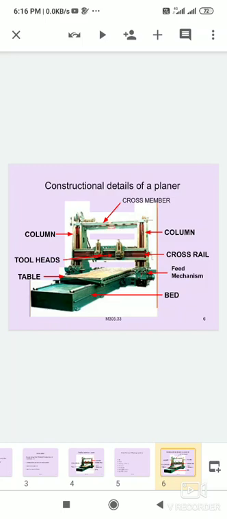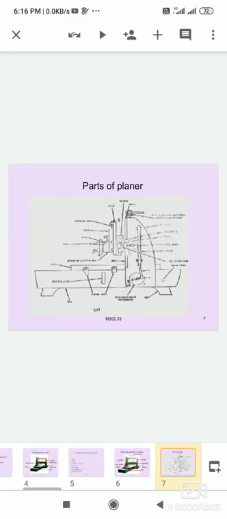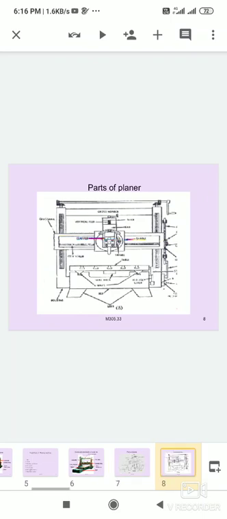It has a work table, a box-like casting. This is the parts diagram of the double housing planer.